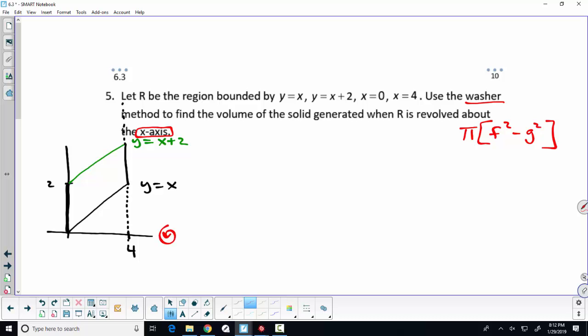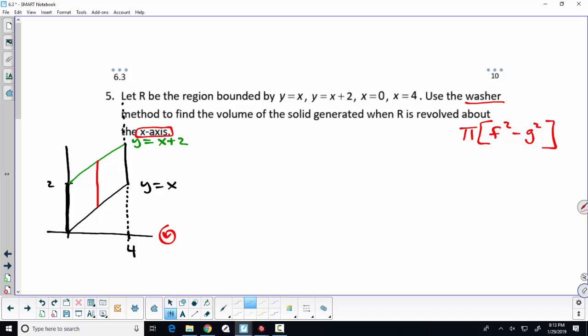Revolved around the x-axis, our rectangles need to be perpendicular to that axis of revolution. So we've not only reminded ourselves of the formula, but now we have this picture to construct it so we know what variable we're using, what bounds we're using, etc.